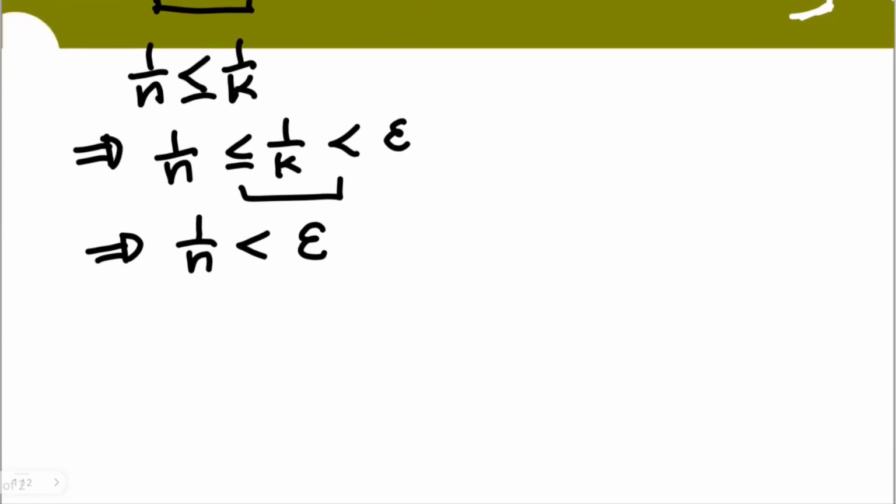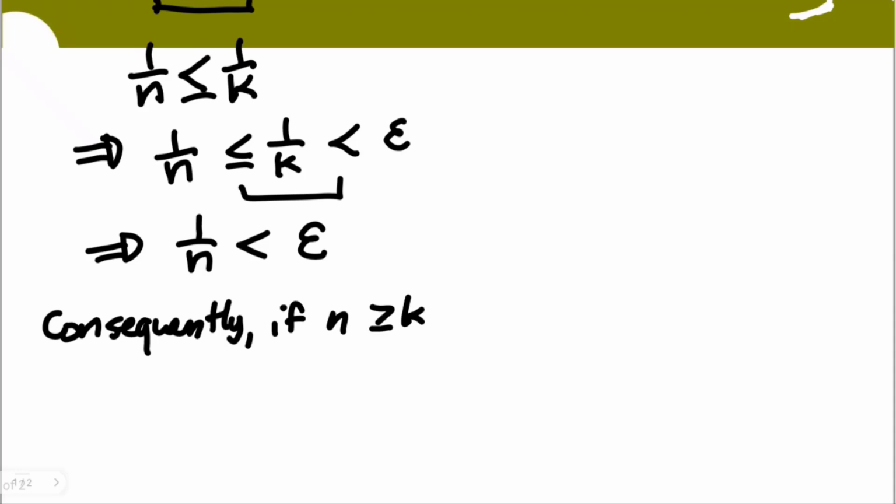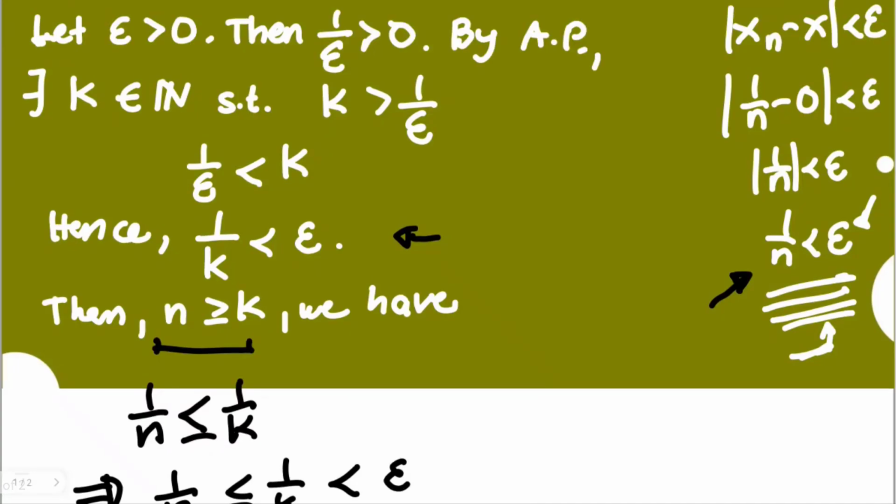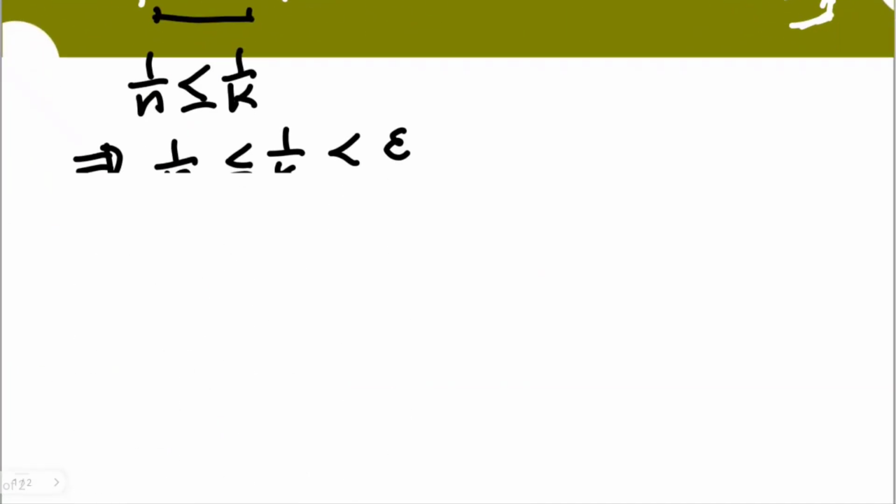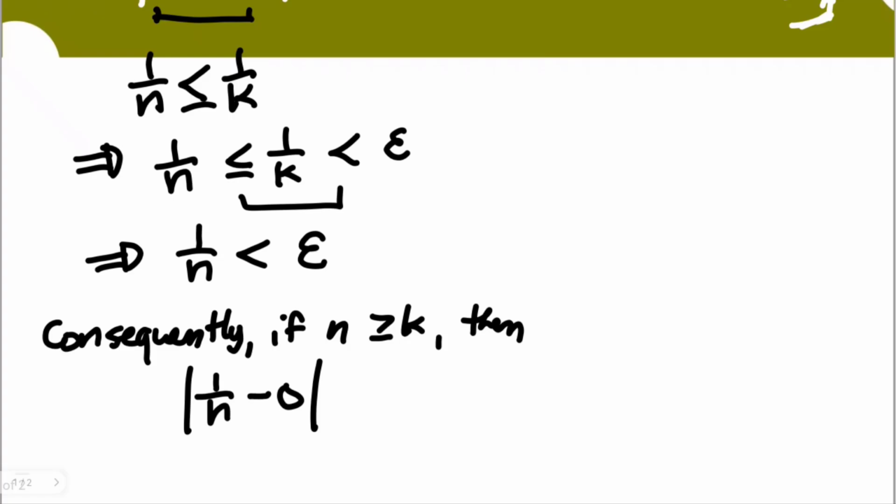Now that we have established this, what we just need to do is the final statement. Consequently, if n is greater than or equal to k, then we have the absolute value of 1 over n minus 0. This, again, is the limit of the sequence.